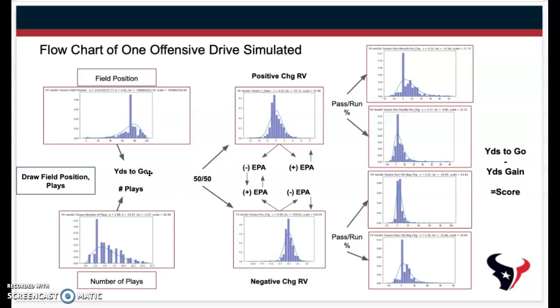So, tangible example, if I had 80 yards to go and I was given 7 plays on the draw, I would continue to draw this 7 times, and I would start subtracting the expected yards per play given a negative or a positive play had occurred, and I would subtract that from yards to go, and then at the end we had a way of tracking this.